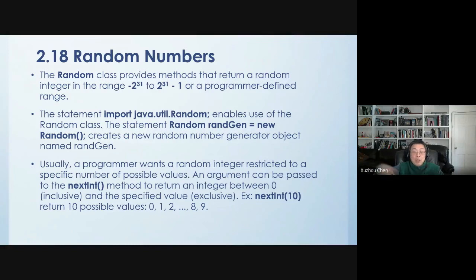I can randomly pick a ball, and it could be 1, 2, 0, or 3. That's a random number.